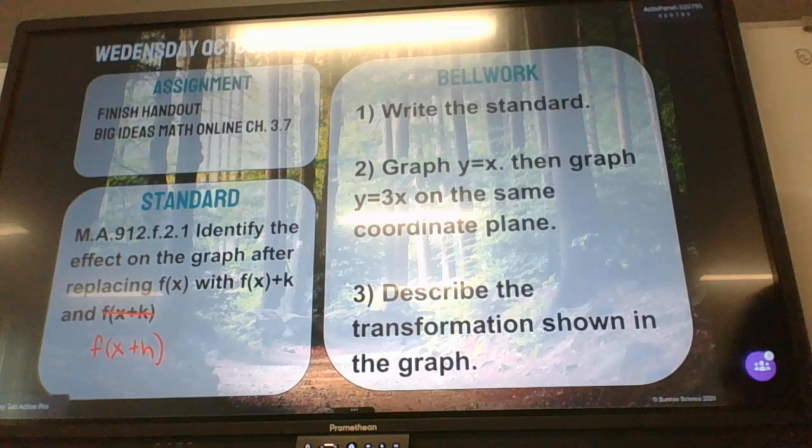So we have to make two perfectly straight lines, starting with this line y equals x.